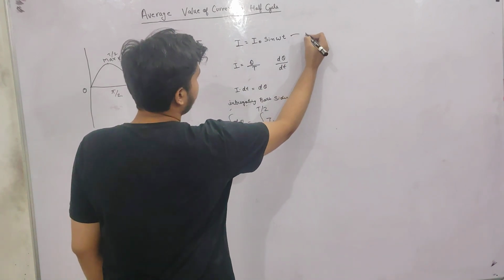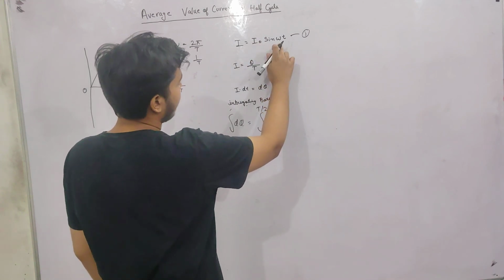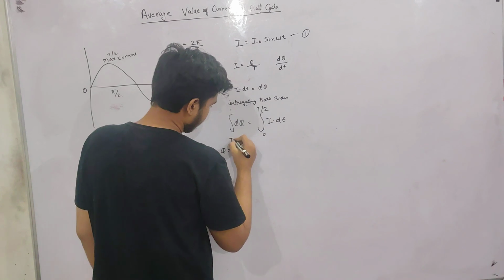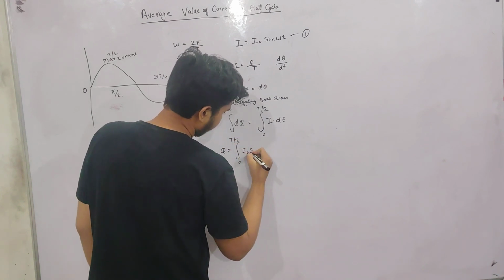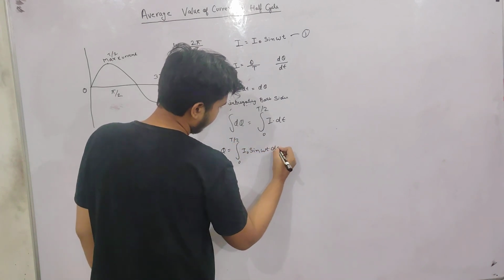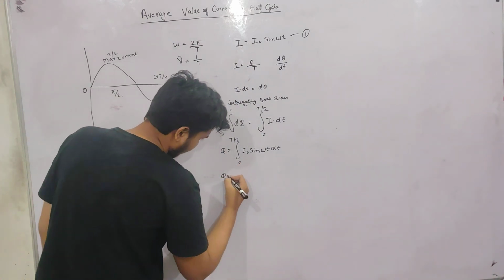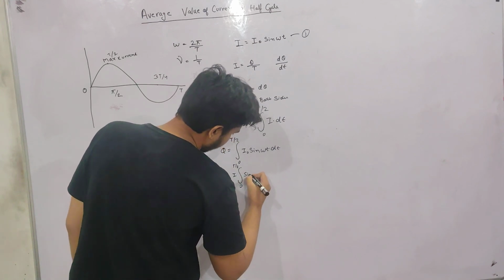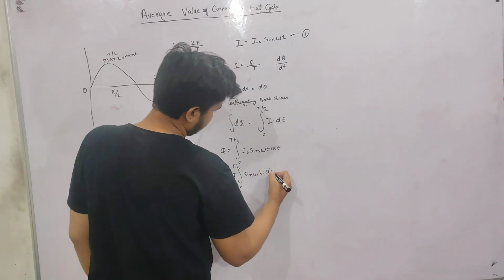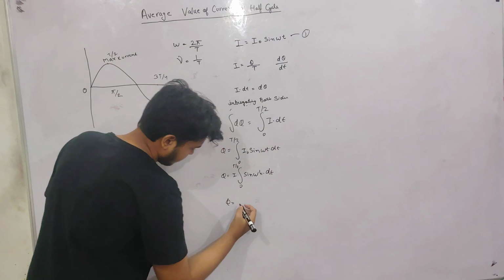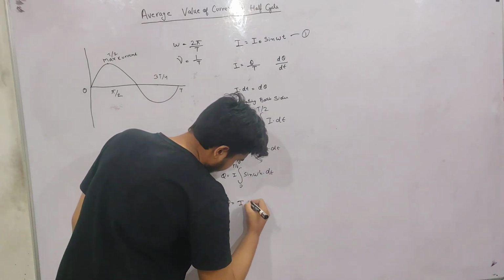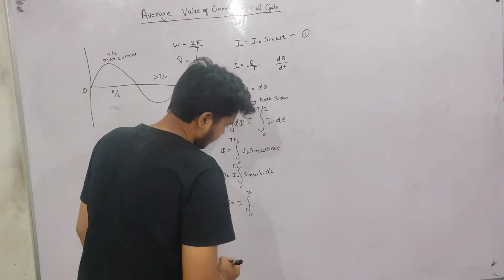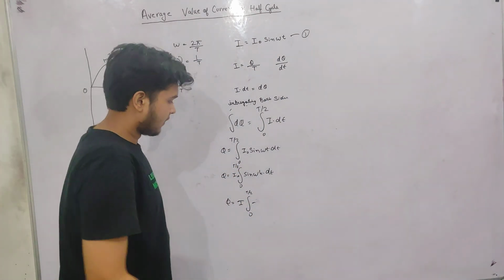We have written the value of I in AC as I naught sin omega t, so we can write integral of I naught sin omega t dt, from 0 to T by 2, equals q.